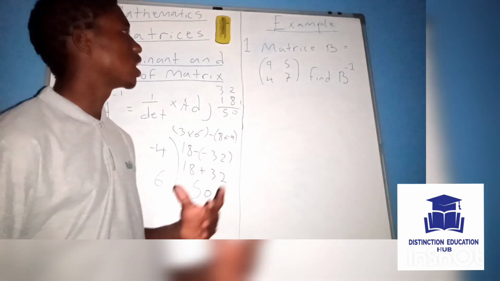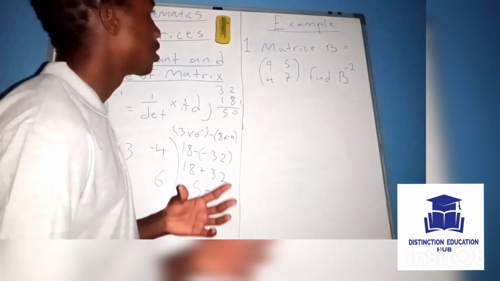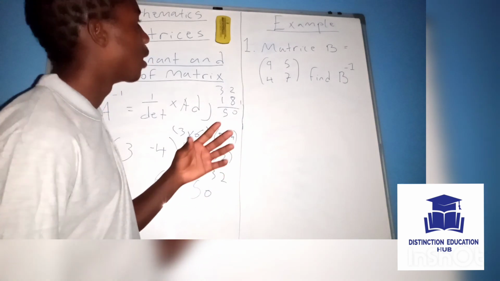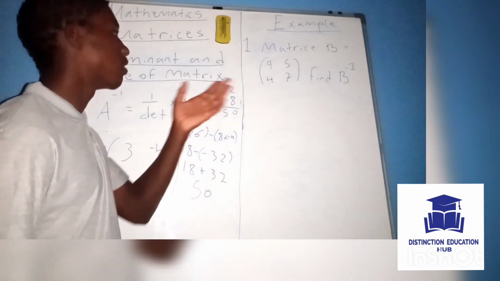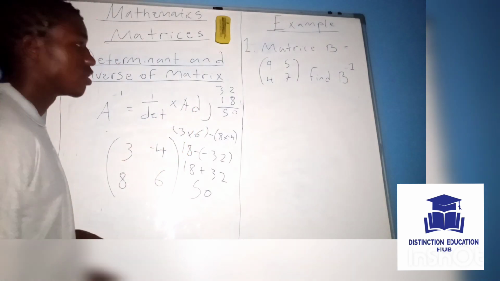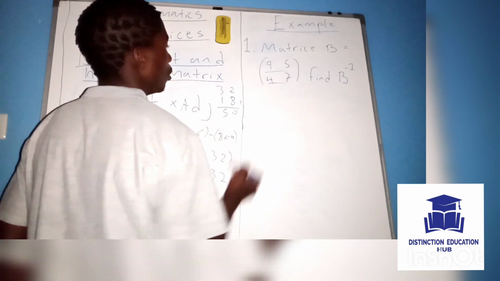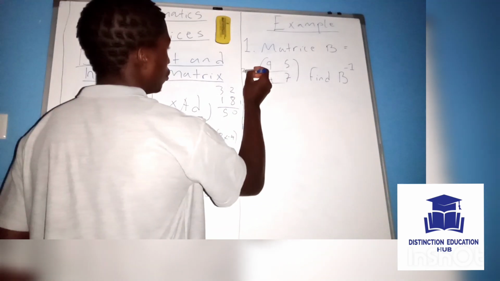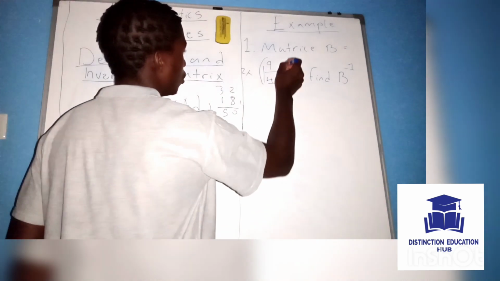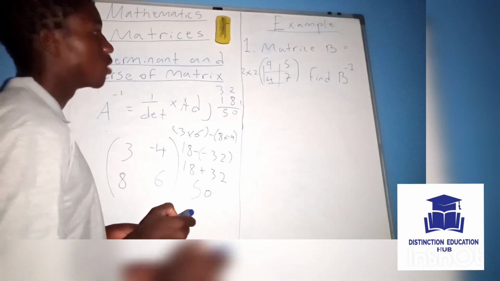Okay, let's look at an example. Number 1, we have matrix B. Matrix B is equal to 9, 5, 4, 7. We can state the order of this matrix. We have 2 rows and 2 columns, so this is a 2 by 2 matrix.